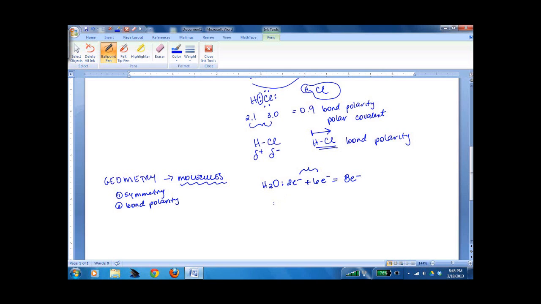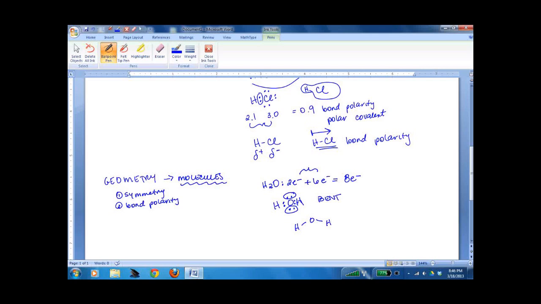If we draw this out, recall that this is a bent structure. The issue is these unbonded electrons that cause this bent shape. So this is an uneven shape to the molecule. Now we would want to look at bond polarity.